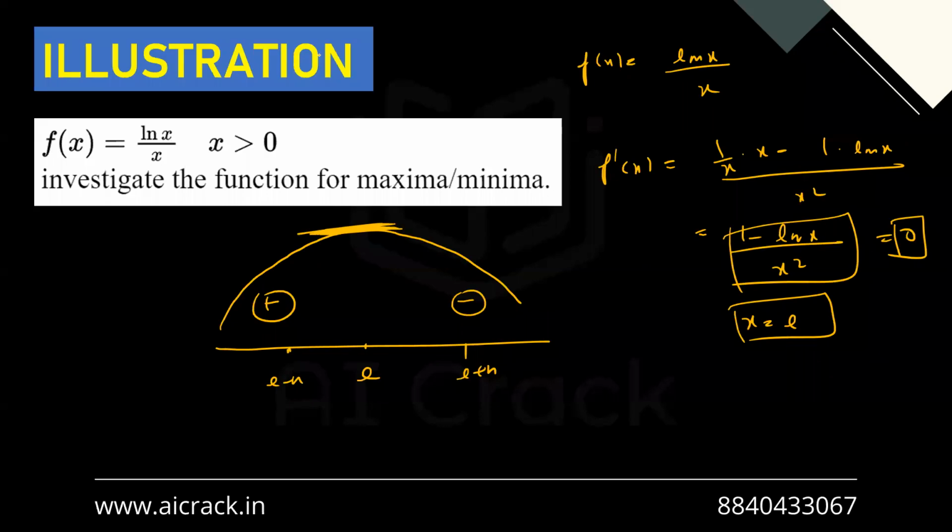Now if we talk about global maxima and global minima in this case, we have f(x) equals ln x by x. We have the domain x belongs to 0 to infinity. If we take x equals 0 plus, the left extreme of this function's domain, we'll be getting f(x) close to minus infinity, because ln x will become minus infinity and x is already very small, like 0 plus.